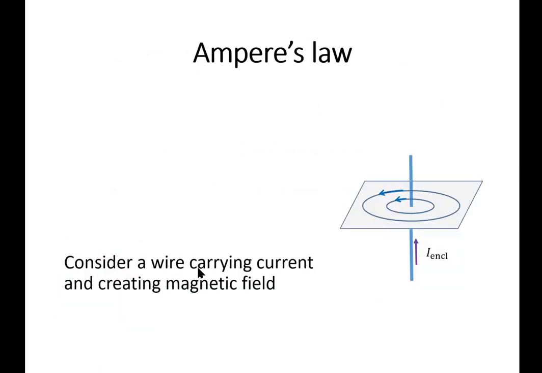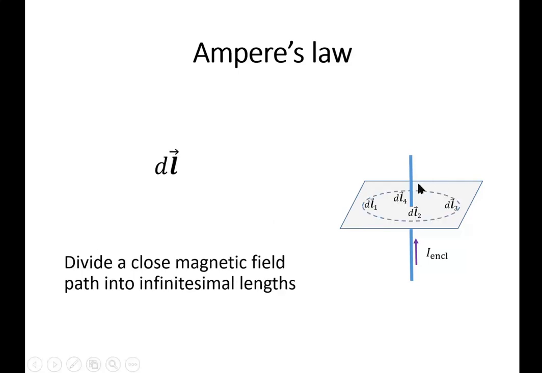Now consider a current bearing wire creating magnetic fields. As you see now, we are showing two magnetic fields around this wire. There could be so many magnetic fields, but we are going to concentrate on one to explain Ampere's law. We take one magnetic field line and we divide it into very, very small segments.